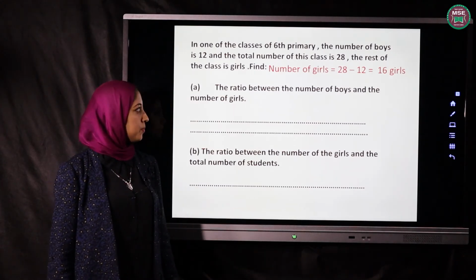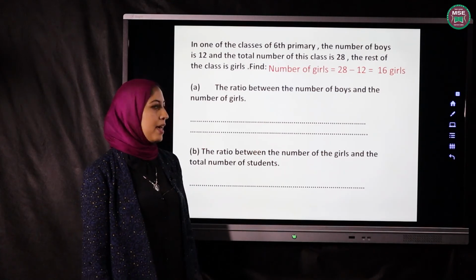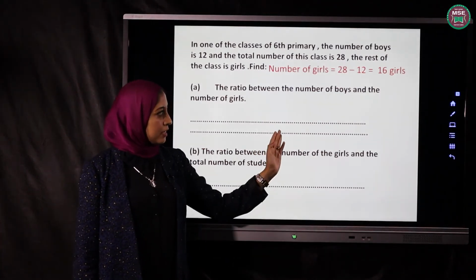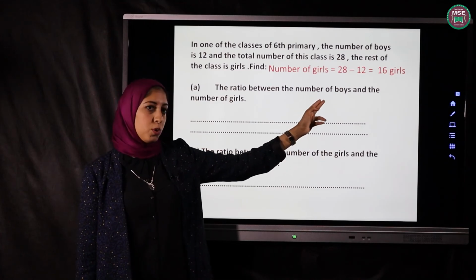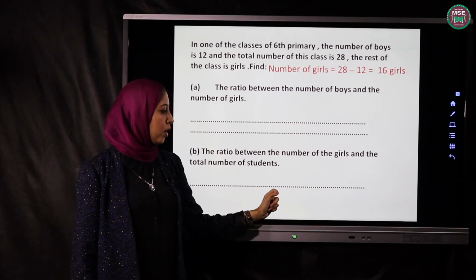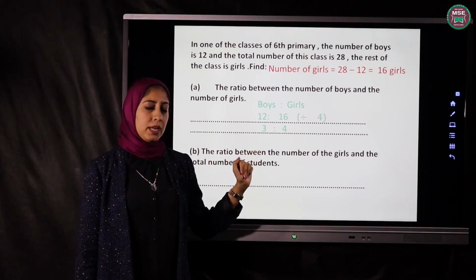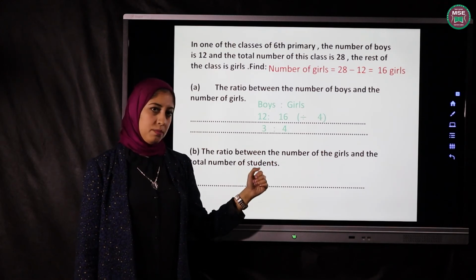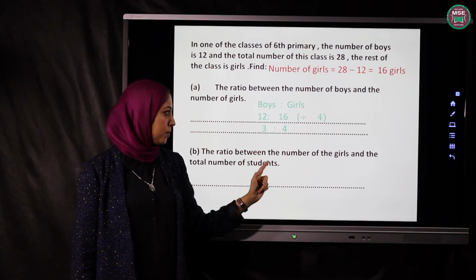The first question, read carefully. The ratio between the number of boys and the number of girls. As I told you before, look carefully at the order of the question. The number of boys first and then the number of girls. So in my ratio, I have to write boys to girls. I will write 12 to 16, then simplify, which means divide by a common number for both sides. I will divide by 4.